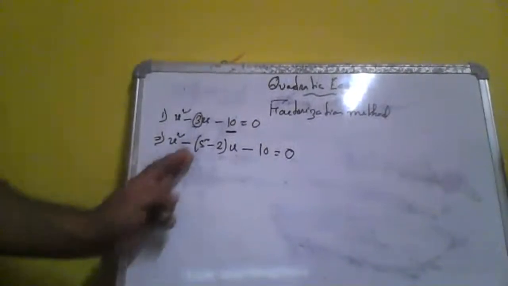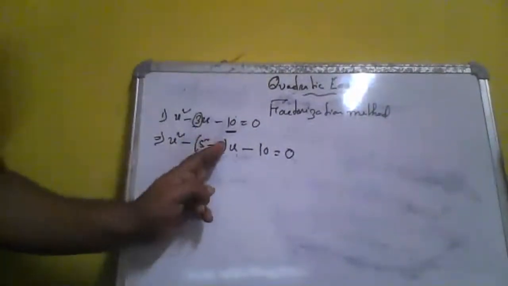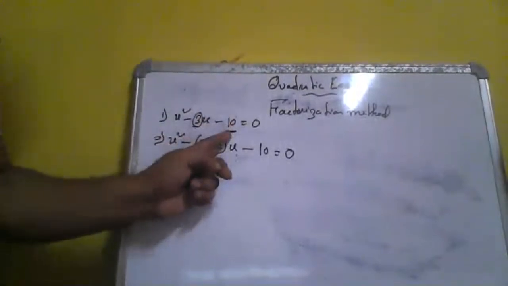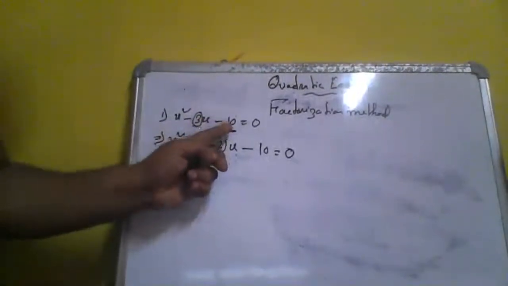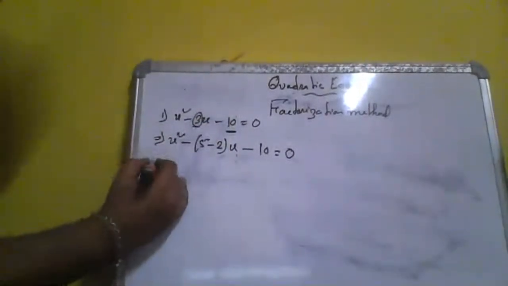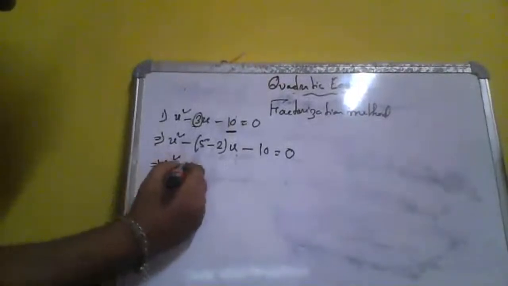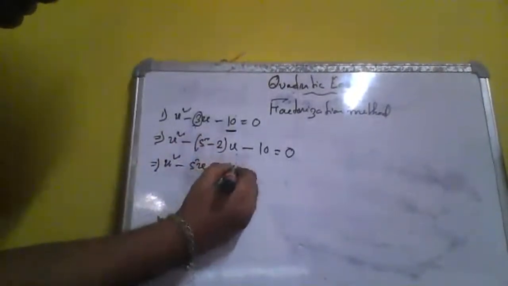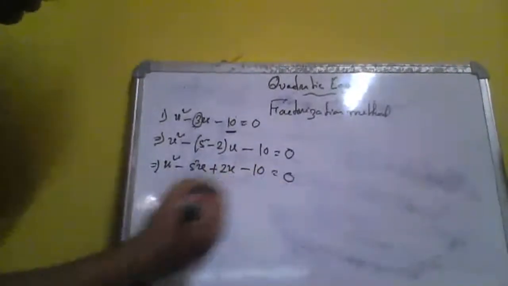Now these two numbers are 5 and 2, right? And whether we add or subtract depends upon the sign in front of the constant term. Now this is x square minus 5x plus 2x minus 10 equal to 0.